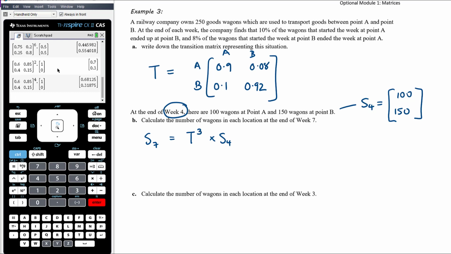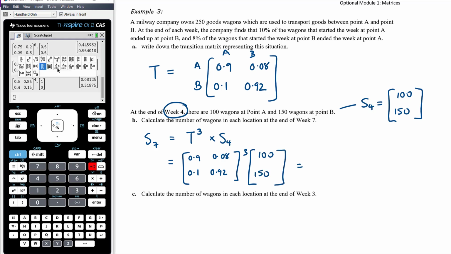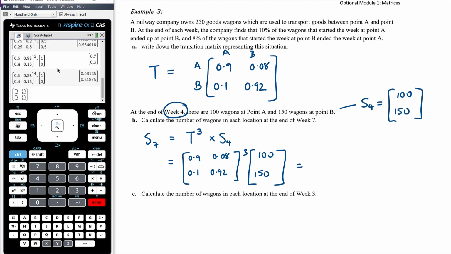So our calculation is our transition matrix, 0.9, 0.1, 0.08, 0.92, to the power of 3, times 100 and 150. Okay, let's do that. A 2 by 2 matrix, 0.9, 0.08, 0.1 and 0.92.